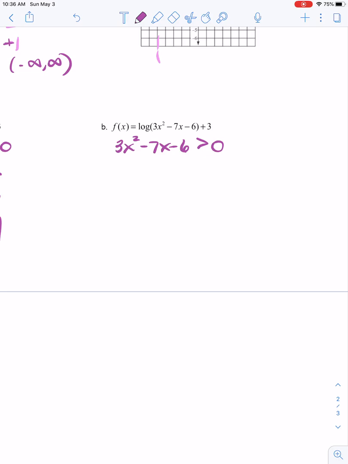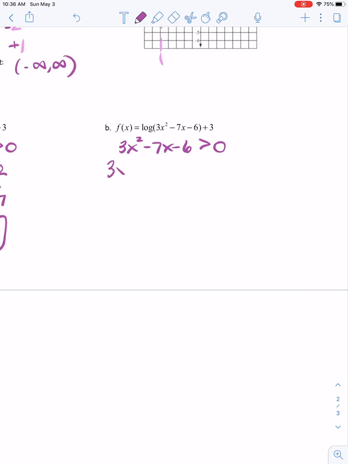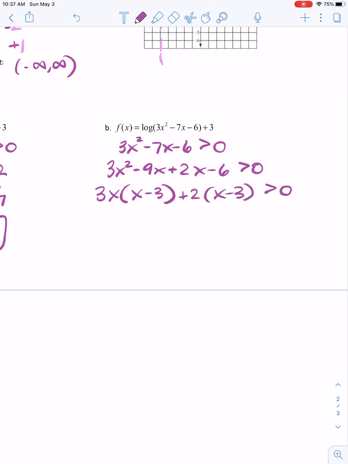So I'm going to rewrite my quadratic: 3x squared minus 9x plus 2x minus 6 greater than 0. I haven't changed anything, but now I can factor by grouping. The GCF in the first two terms is 3x, leaving me with x minus 3. The GCF in the last two terms is +2, leaving me with x minus 3, still greater than 0. So I get (3x plus 2)(x minus 3) is greater than 0.